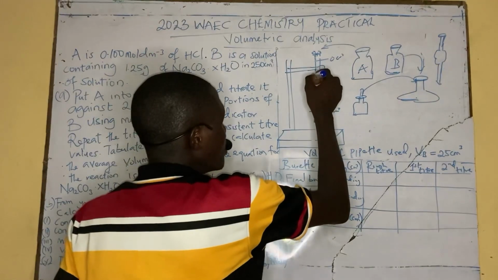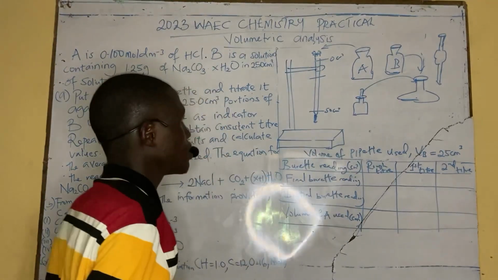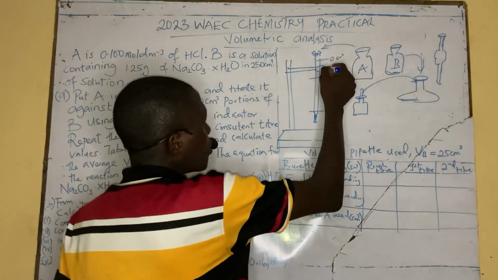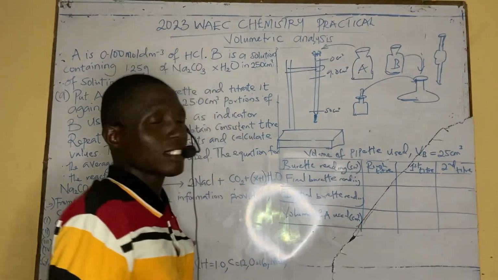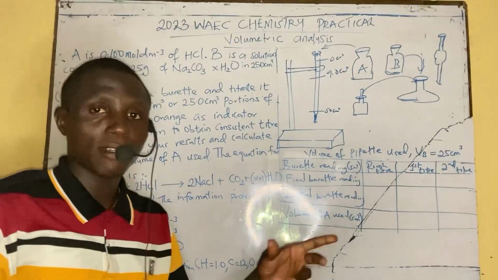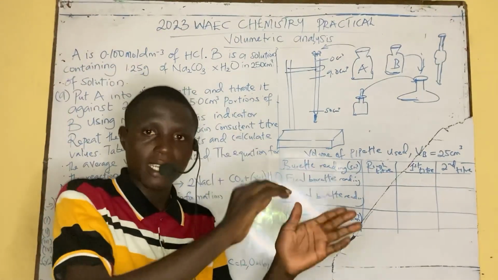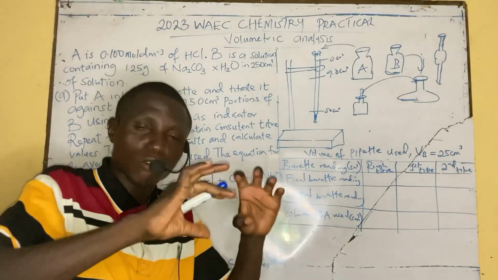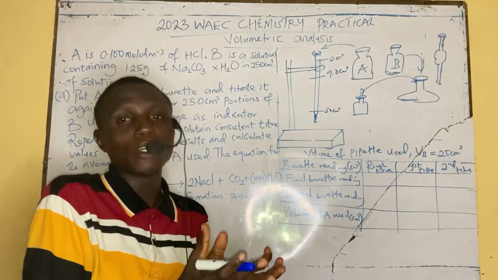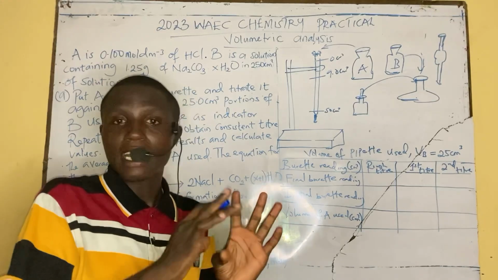Since we are using 0.1 concentration, your rough will fall at 9.0 centimeter cube, around that area, 8, 9, and so on. Because this is a rough, it's just to give us where the volume of the acid lies.